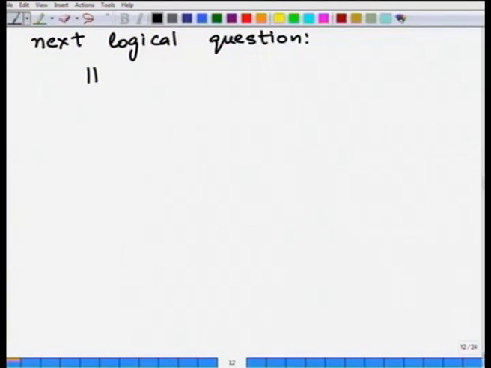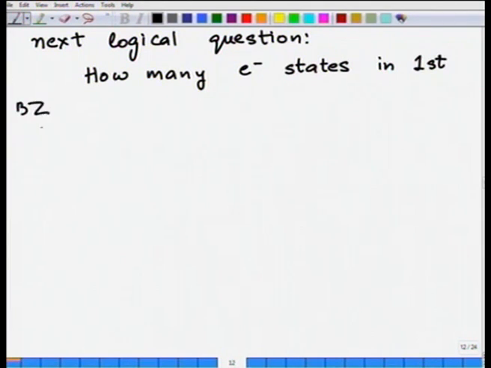Once we know the number of states, then we know how many electrons we can put in the first Brillouin zone. That is the question we are about to answer now.